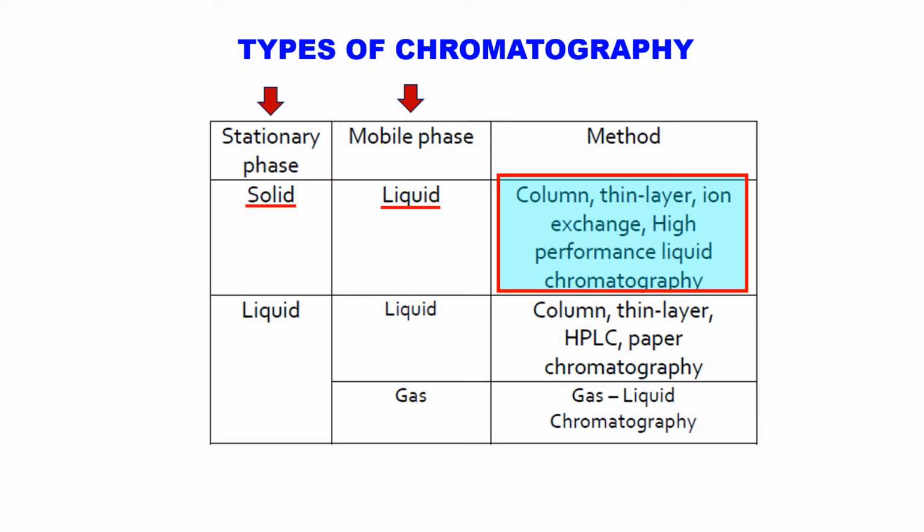Whereas when the stationary as well as the mobile phase is liquid, the type of chromatography becomes column, thin layer, HPLC, and paper chromatography. And when the stationary phase is liquid, whereas the mobile phase is gas, the type of chromatography is gas-liquid chromatography.